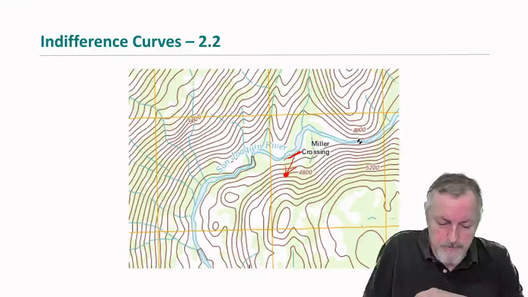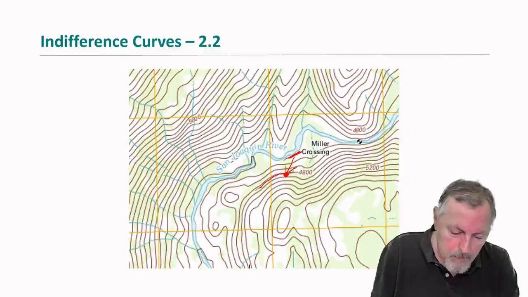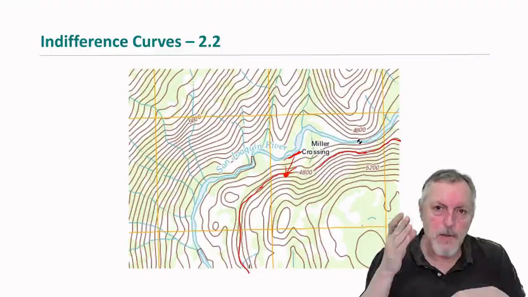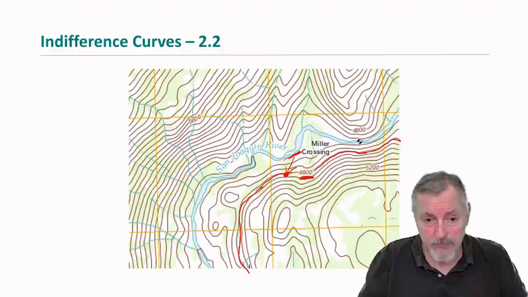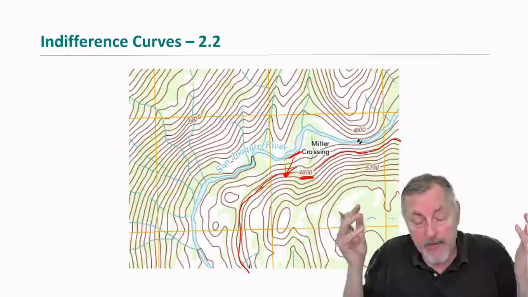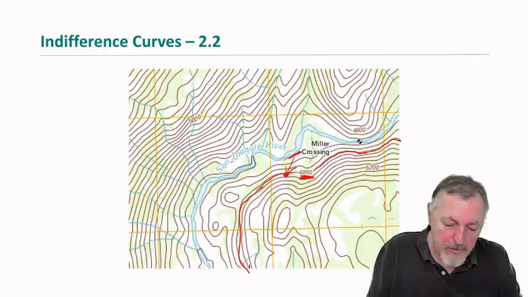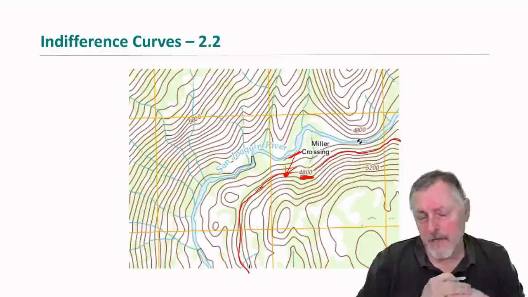The line here, if I can trace it out, shows all of the points on this map that are at 4,800 feet elevation. If the river is at sea level, why not assume it? Then going from the river up to any point on that line means you'll be going up 4,800 feet.